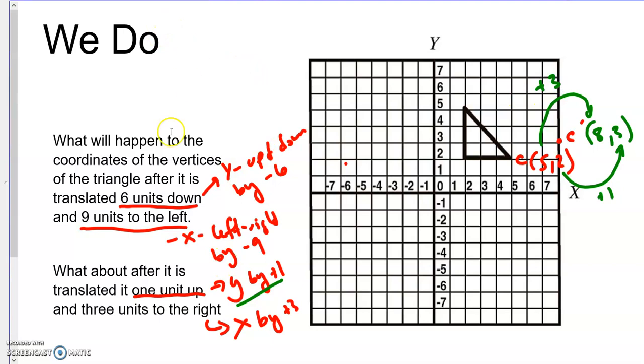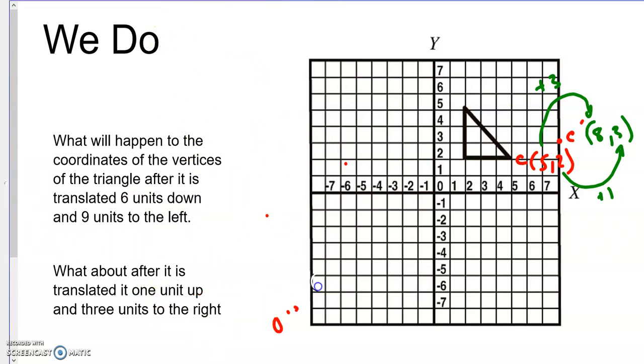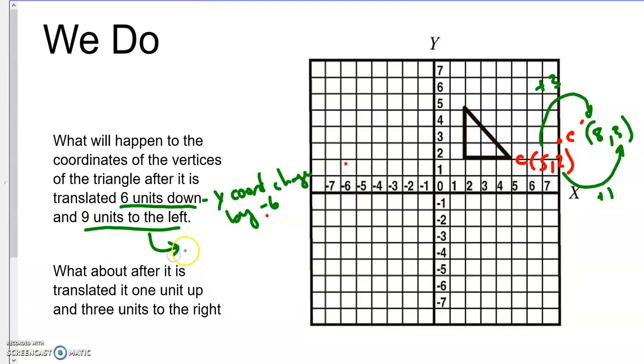So that's what happens. So we can go back and answer those questions now. Now that you get the hang of what happens, we can answer the questions like that. So 6 units down means the y coordinate will change by -6. 9 units to the left, the x coordinate will change by -9.